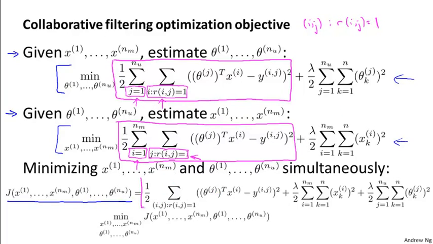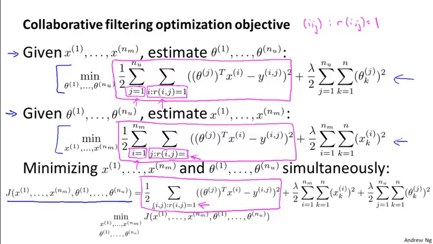And so those two terms up there are just exactly this first term, and I've just written the summation here explicitly, where I'm just saying, the sum of all pairs (i,j) such that r(i,j) is equal to 1. And so what we're going to do is define a combined optimization objective that we want to minimize in order to solve simultaneously for x and theta.